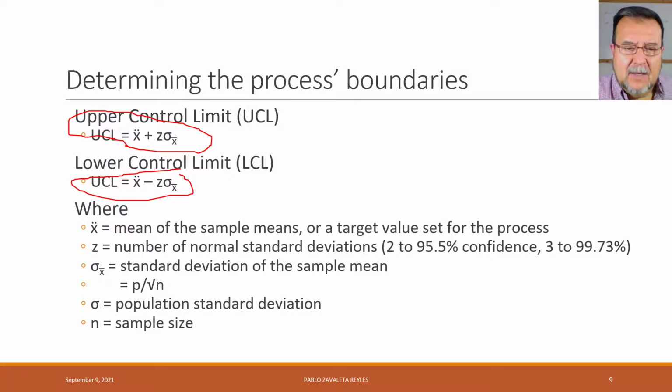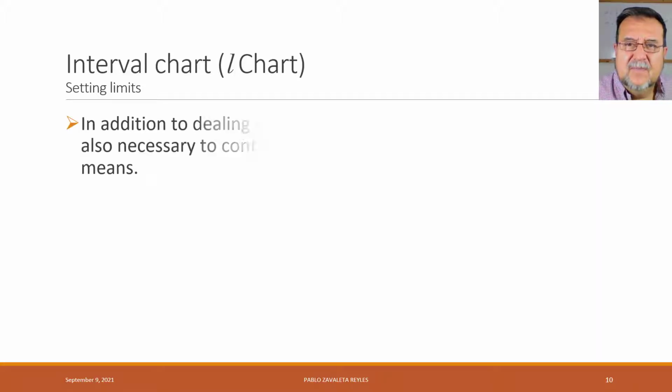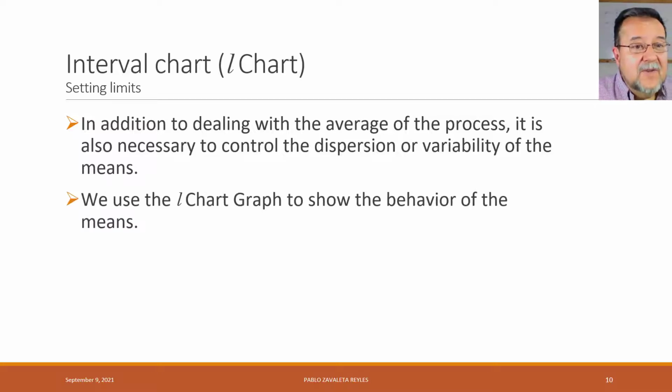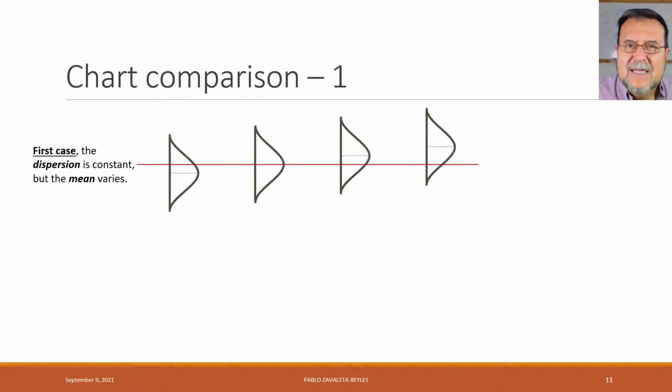Now, what tools do we have in order to control this and to be able to make it happen? Well, let's start with the interval chart. That's called also the R chart. We need to control the dispersion or variability of the means, and that's where we use this R chart. Let's put it graphically. In this case, the dispersion, the variability, is constant, but the mean varies.